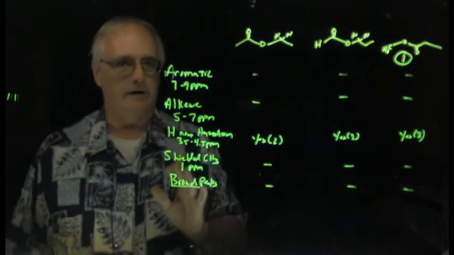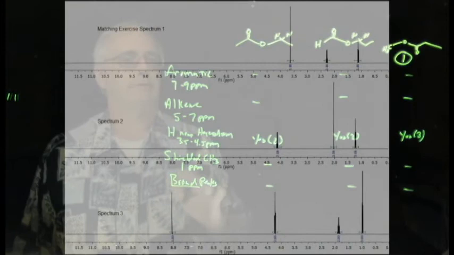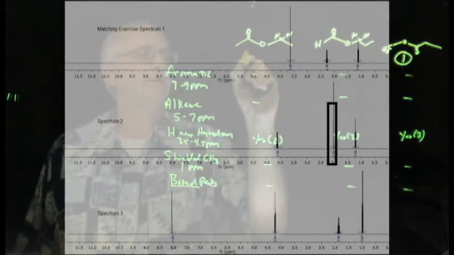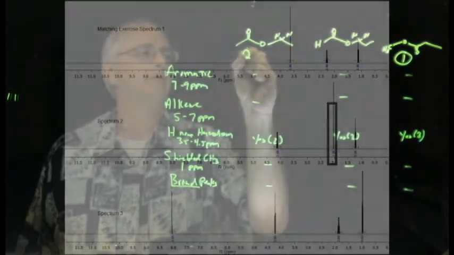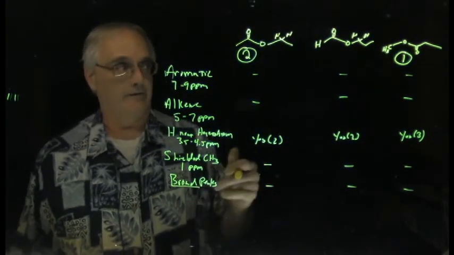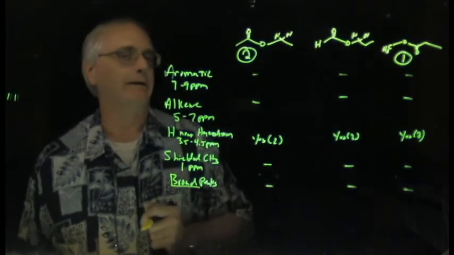Spectrum number 2 has a peak integrating to 3 right there, just over 2 ppm, and so that is almost certainly going to be spectrum number 2. By the process of elimination and a matching exercise, then, we're pretty confident that this is going to be spectrum number 3.